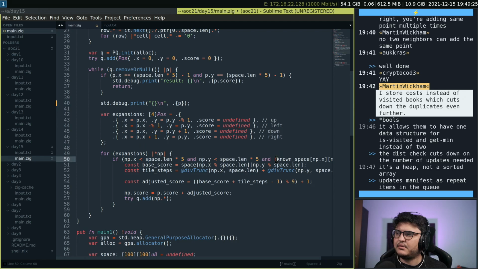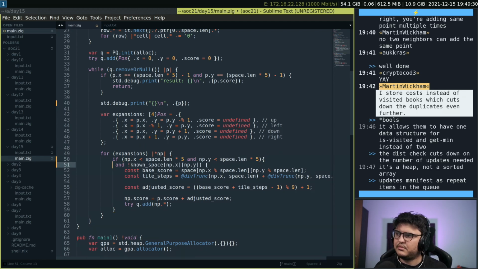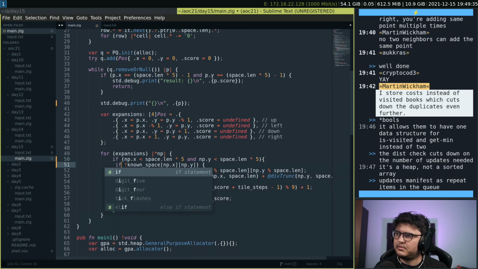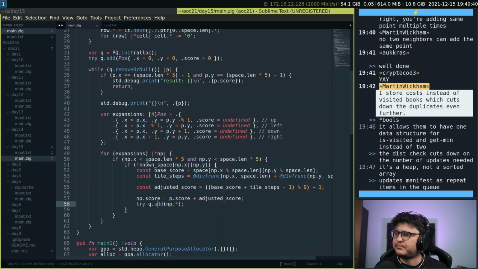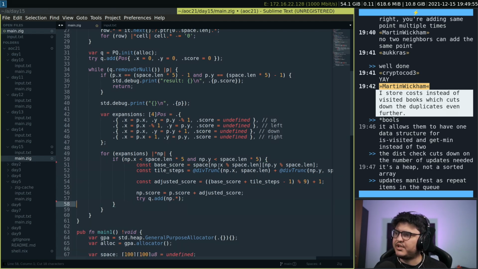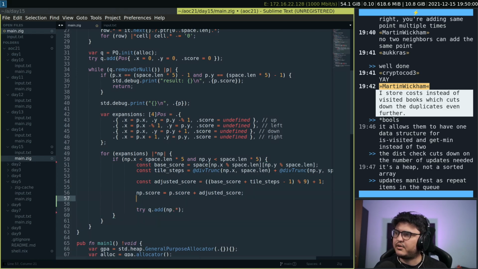But inside of here, if the coordinates are valid. Oh, I don't know the new score yet. So I don't do this. What I do is, okay, give me the new score. This is the new score that you got. Well, is it better or worse than what we had?